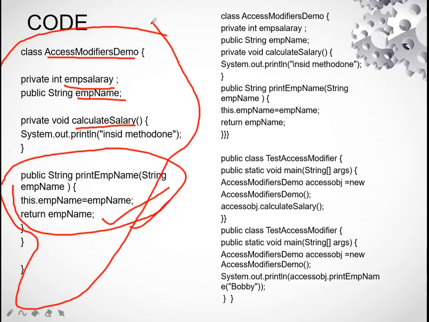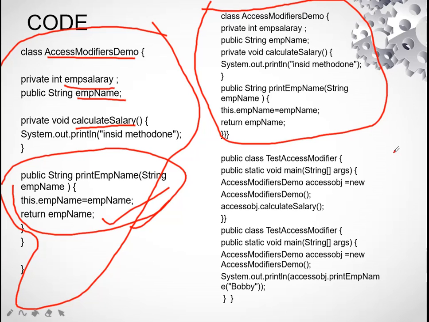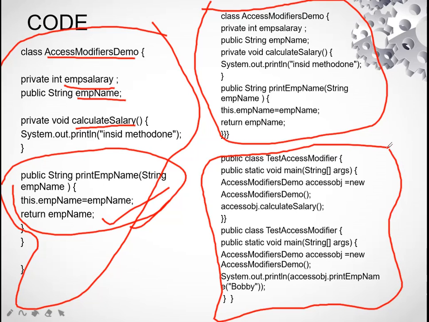But here I have a different class. Look at this. You have a class bio. This is another class. Here I have one more class, and test access modifier is another class.